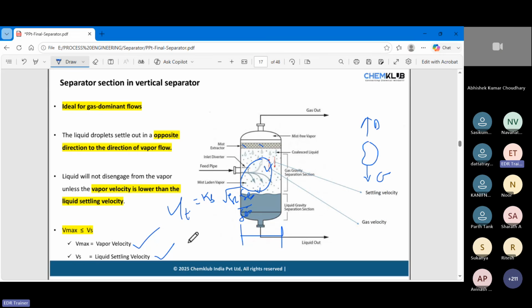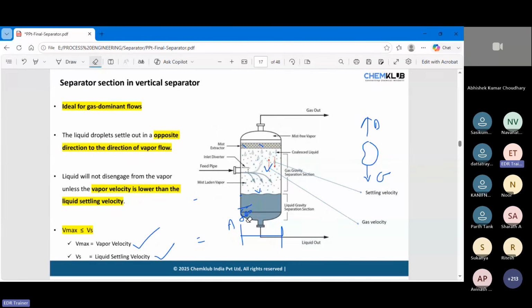According to Ut, Q equals Ut times area, and the area gives you the diameter. This diameter is important when we are designing a vertical separator, because the length we can calculate automatically, based on the residence time as we saw above.